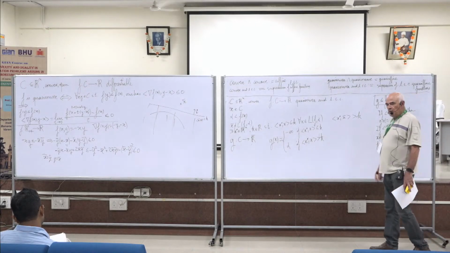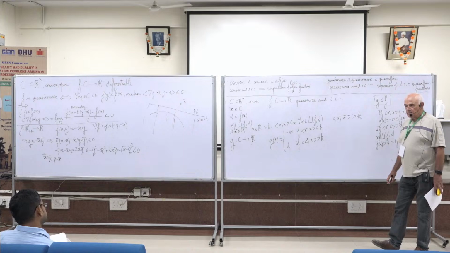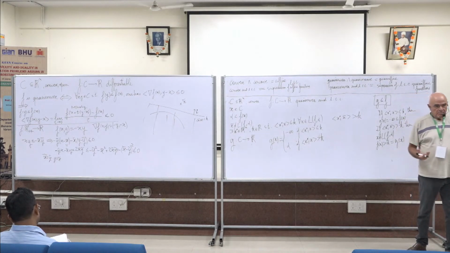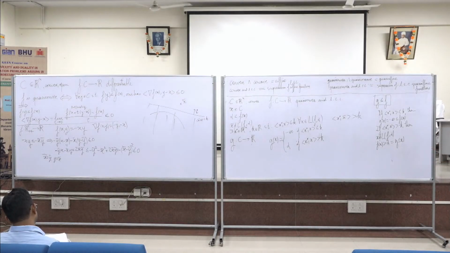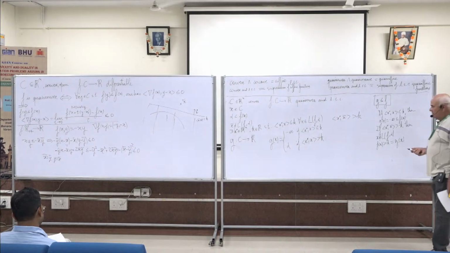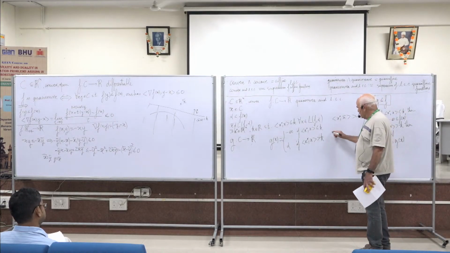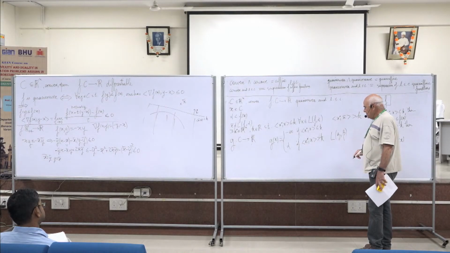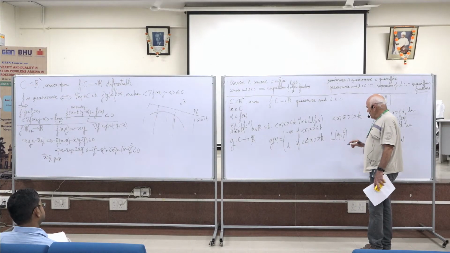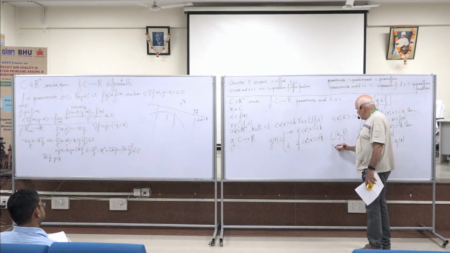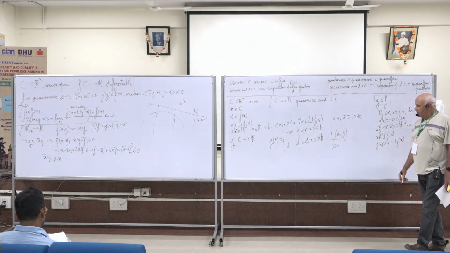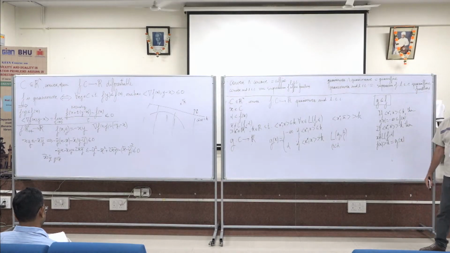Then I also claim that g is quasi-affine, both quasi-convex and quasi-concave. Let's look at the lower level sets. The lower level sets, let's say L of g beta. Beta is a level. If beta is smaller than alpha, what is this lower level set?